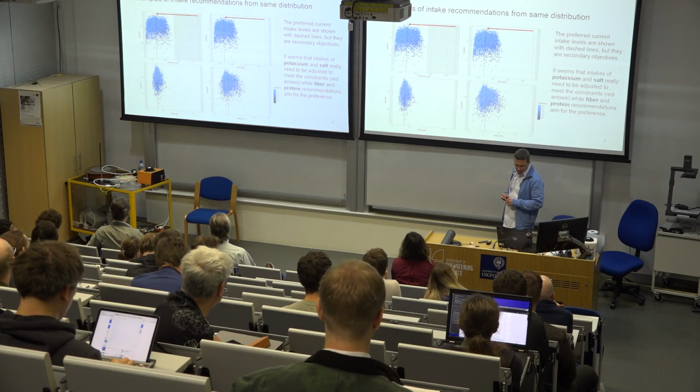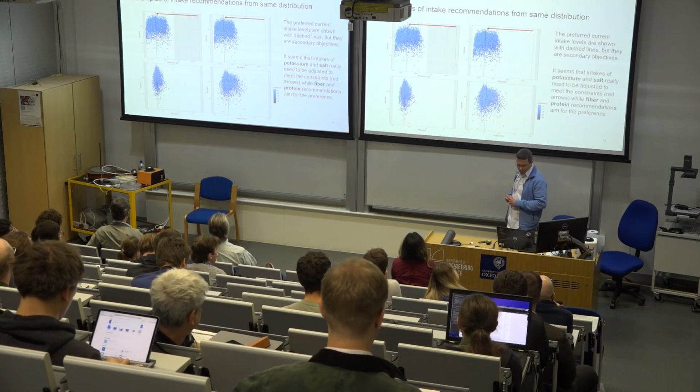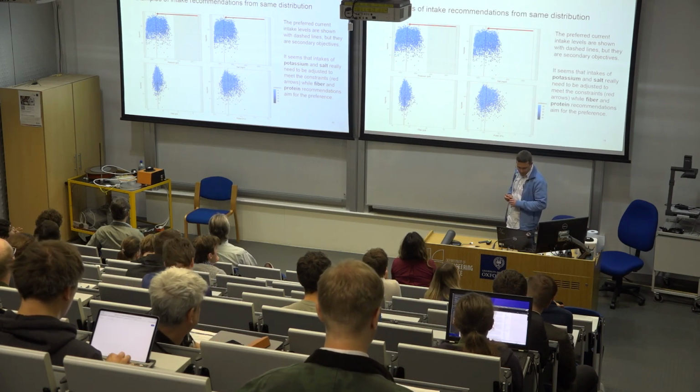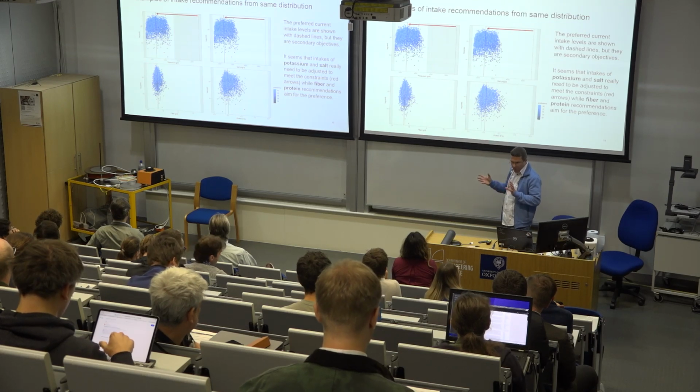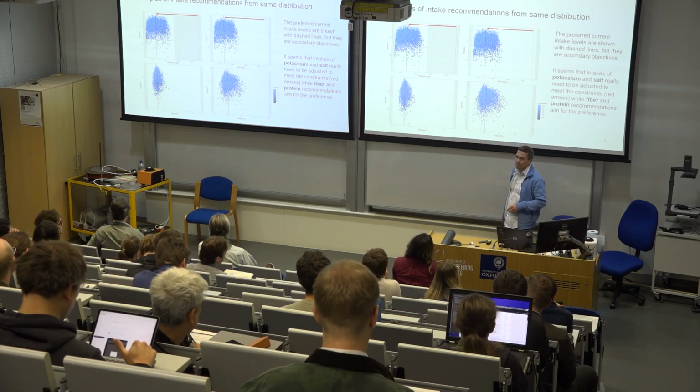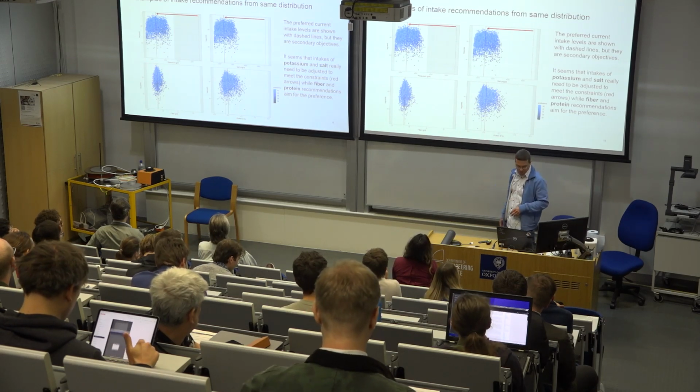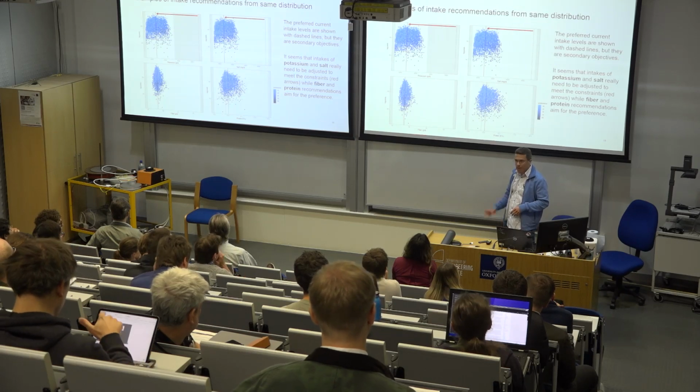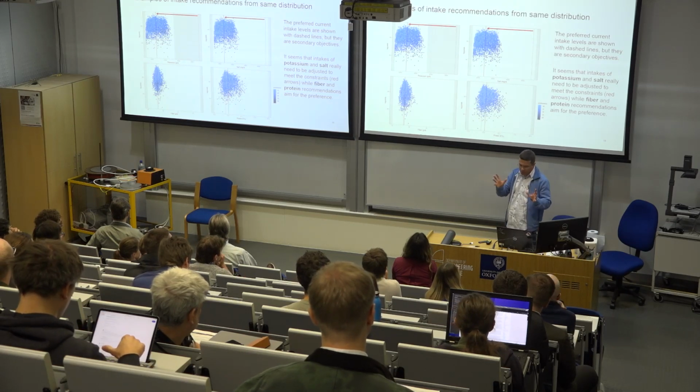But then again, on a lower row, the fiber and protein are good. So you don't need to worry about your protein intake, and the model just aims for your preference. So the conditional mixture works here. It only changes the intake that needs to be changed.